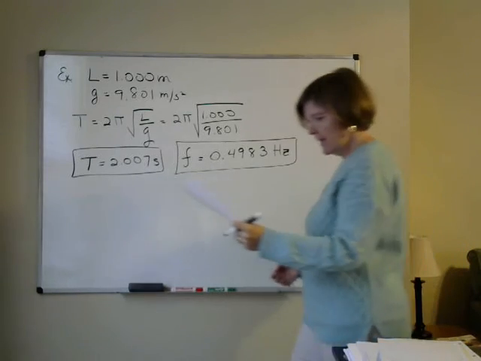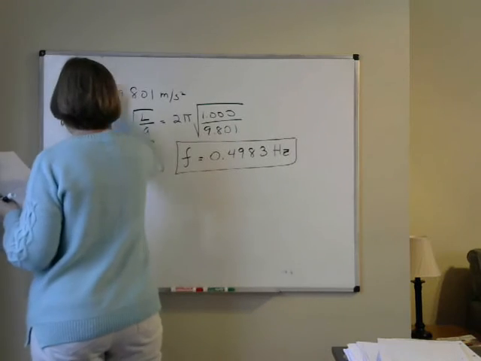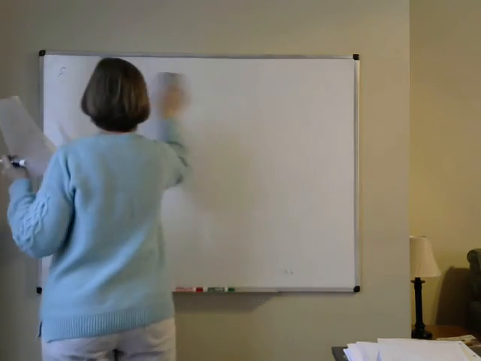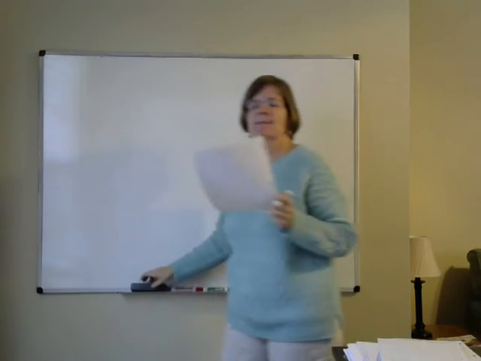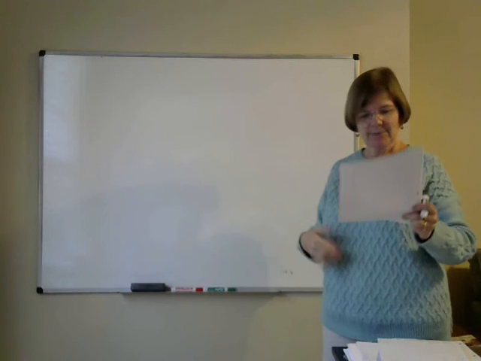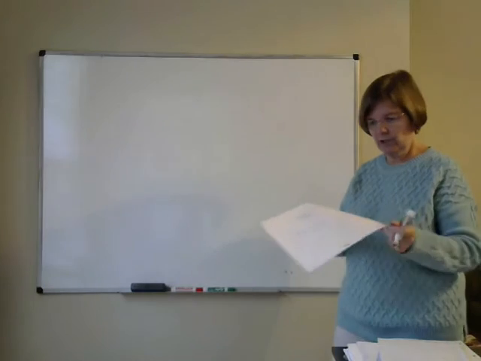Okay, another pendulum example. One of my favorites. And I think it's my favorite only because it always makes me think of the little Martian on Bugs Bunny. It says an easily lost Martian carries a ball on a string to use as a pendulum.